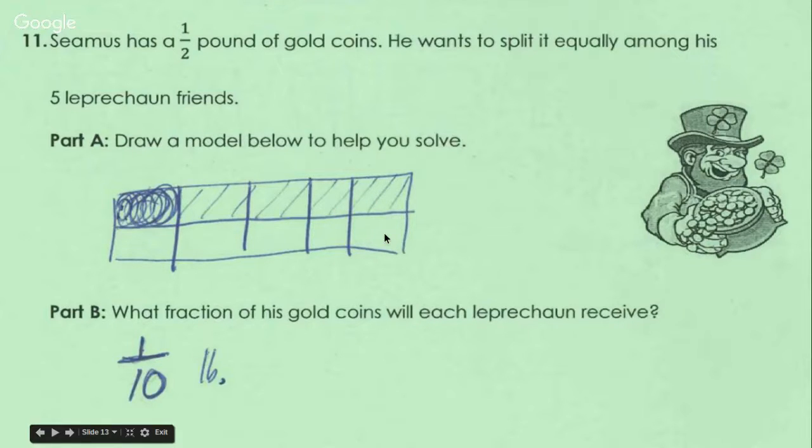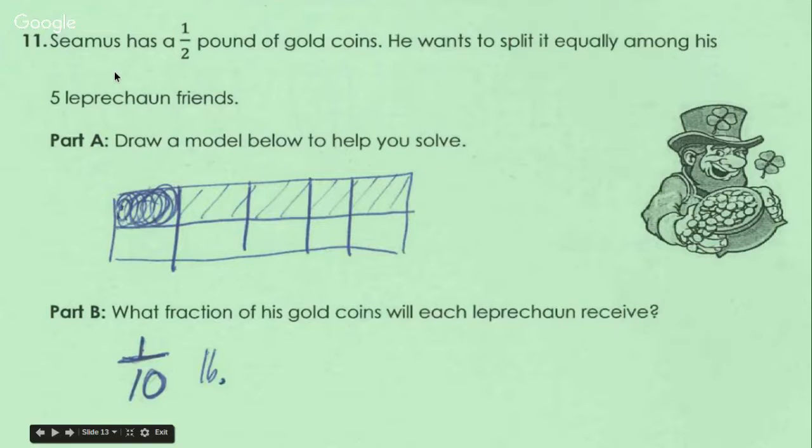So 5 different columns for each leprechaun, and ideally they are equal size, but obviously I'm not the best judge of that. And so since he started with 1/2, and each leprechaun is going to get just this little piece, when we're dividing a fraction by a whole number, the question is not how many pieces anymore.